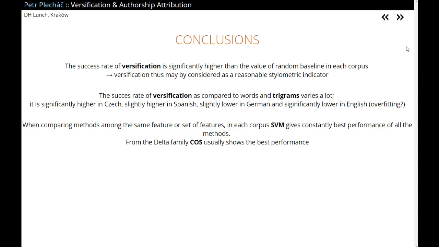From the delta family, from the distance metrics, cosine similarity usually shows the best performance. And finally, a combination of features always shows better performance than the given features alone in each corpus with each method.